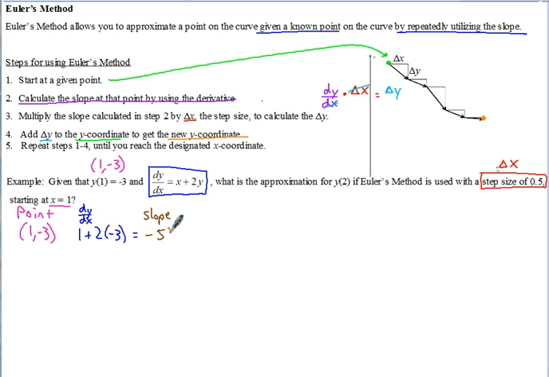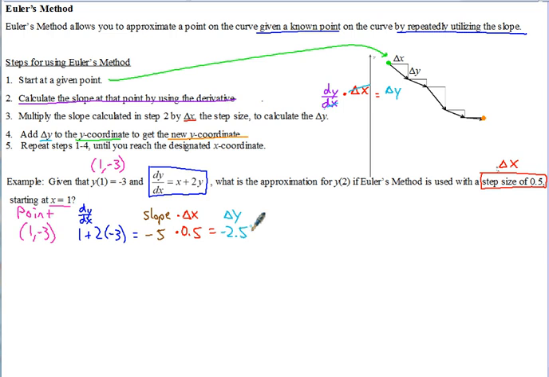And then you multiply that by your delta x, which in this case, the step size, is 0.5. And that gives you the change in the y coordinate, delta y. So negative 5 times 0.5 gives you negative 2.5.